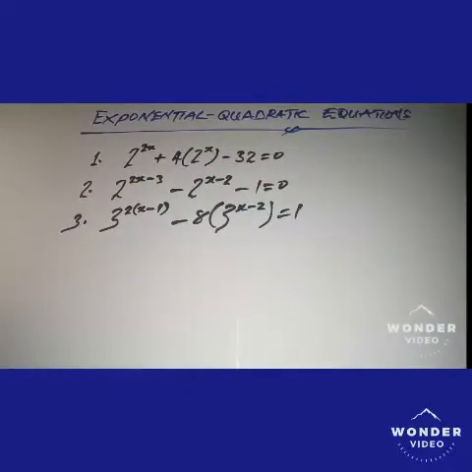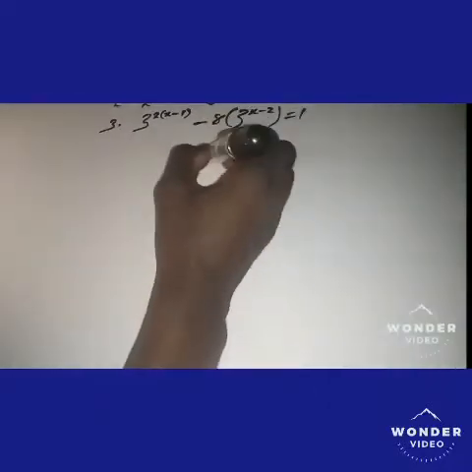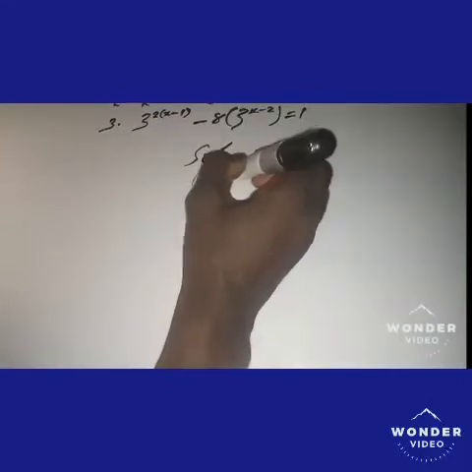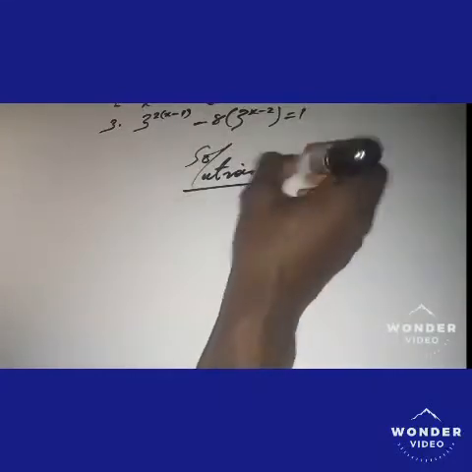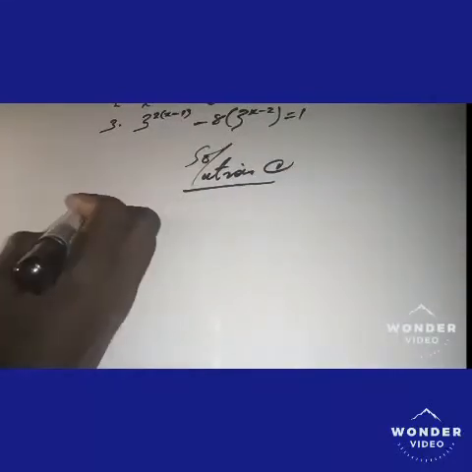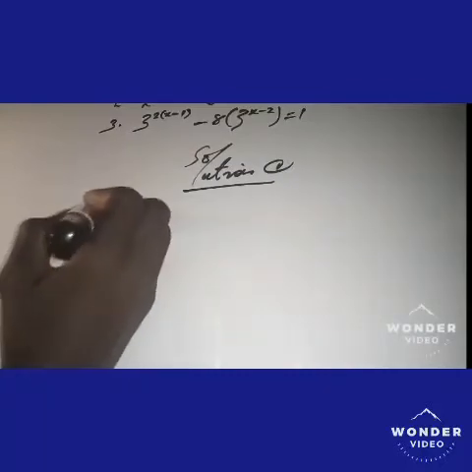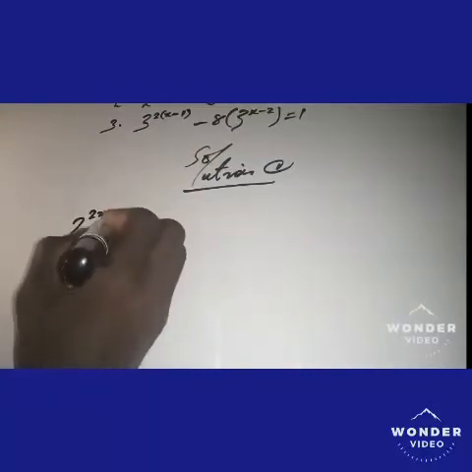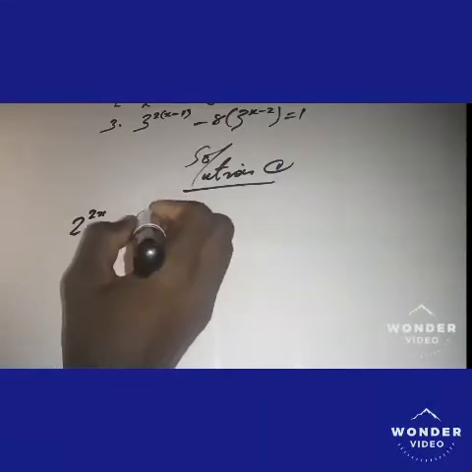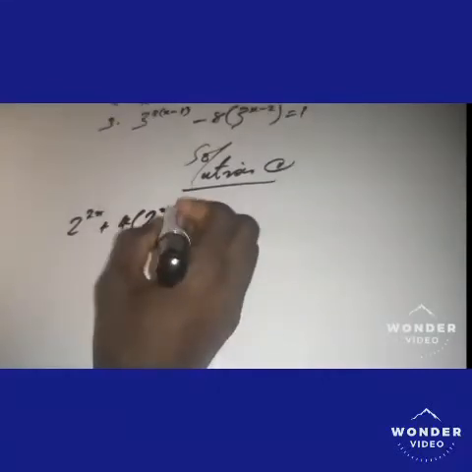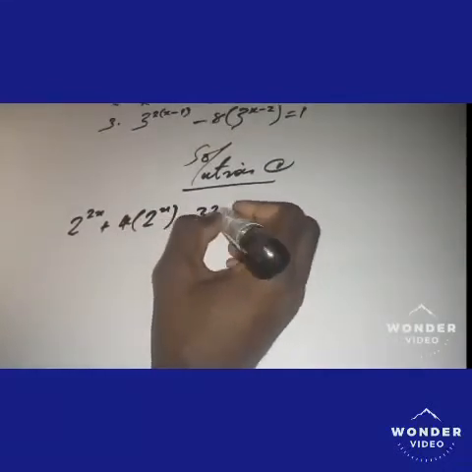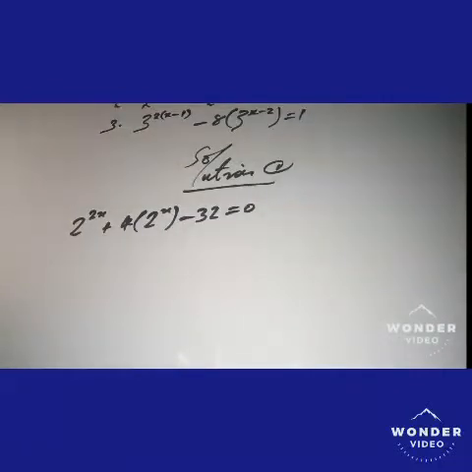Now, starting with question number 1, solution. Question number 1 says 2 to the power of 2x plus 4 into 2 to the power of x minus 32 equals 0.